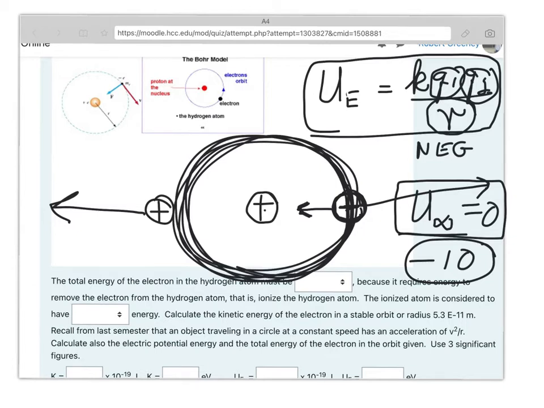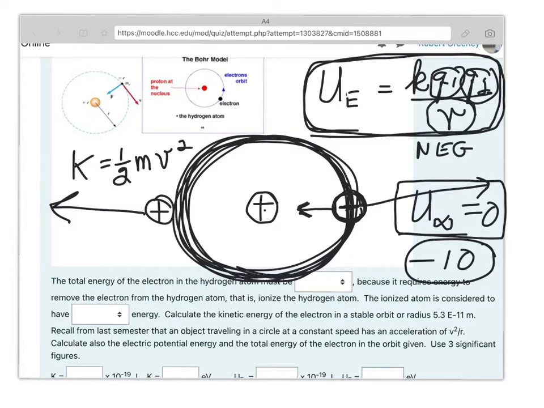So to find out the ionization energy, we need to calculate the electric potential energy, which is going to be negative, and add to it the kinetic energy that's already in the electron as it orbits the hydrogen atom. And so to get the kinetic energy, we have to know the electron's velocity.